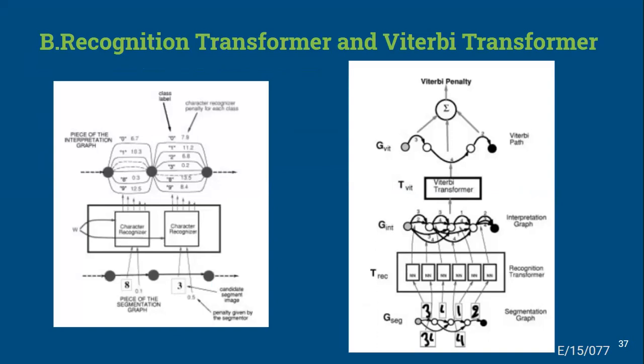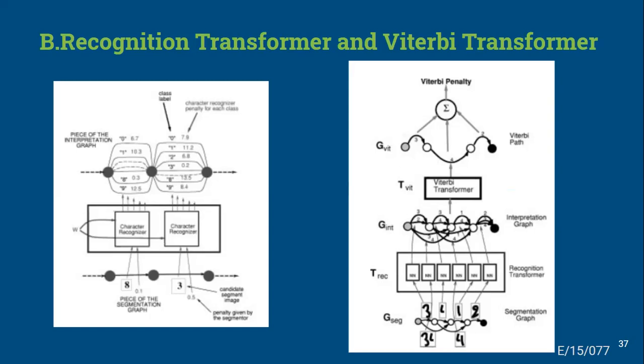Here you can see in the right corner a simple graph transformer network recognizer for characters. It is composed of graph transformers called the recognition transformer and the Viterbi transformer.